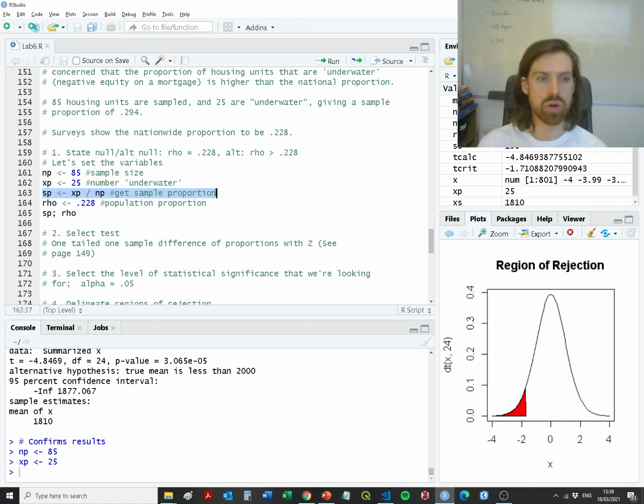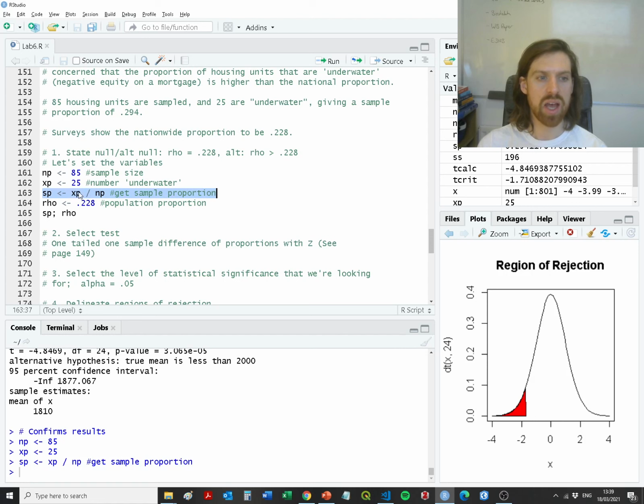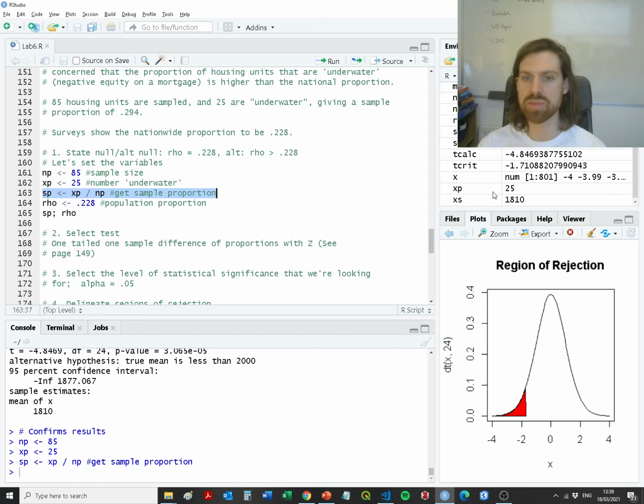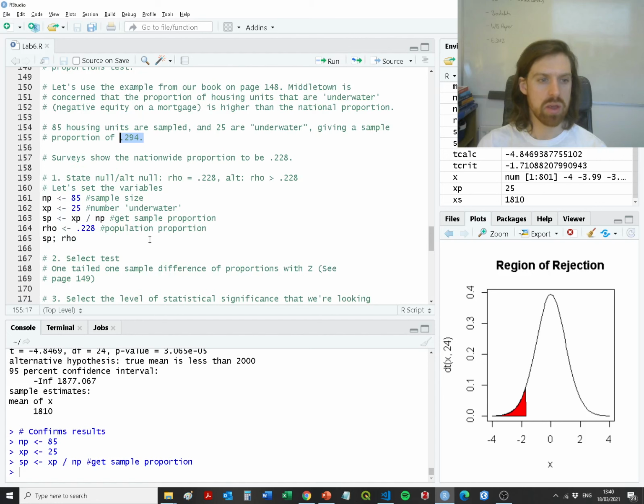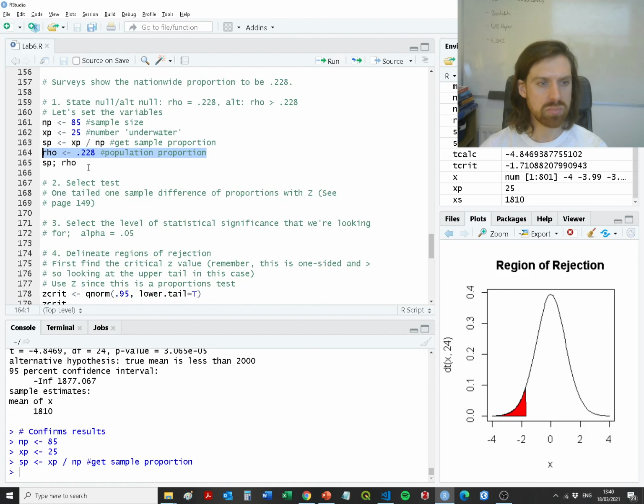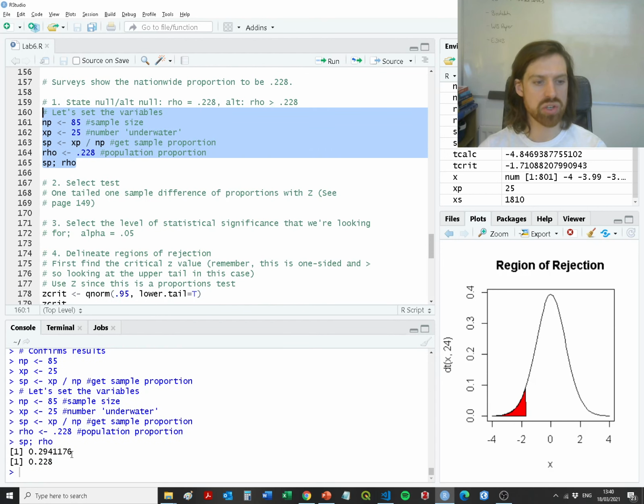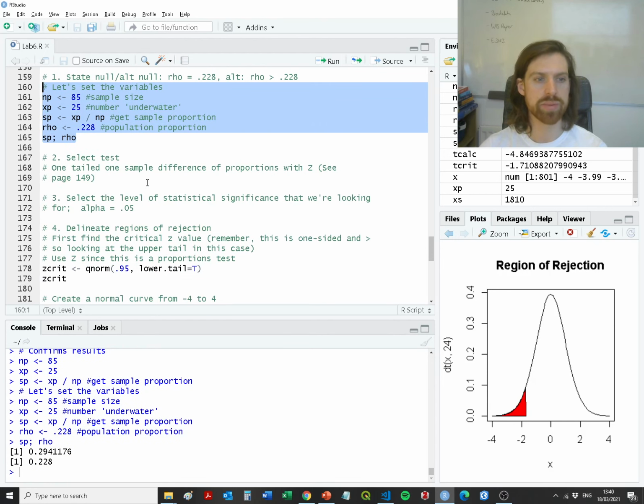We can get the sample proportion by dividing that, and for SP we get 0.294. That matches what we said previously. The population proportion nationally, we know from the survey data, is 22.8%, so 0.228, and that gives us our metrics of interest here that we want to test.